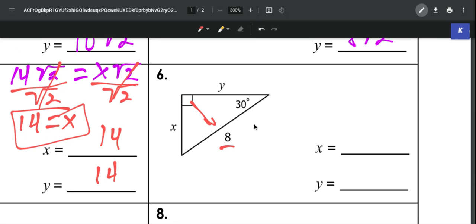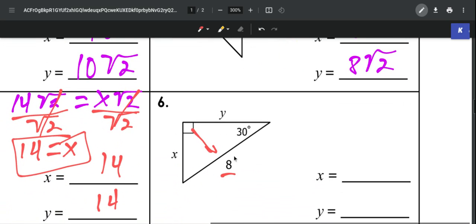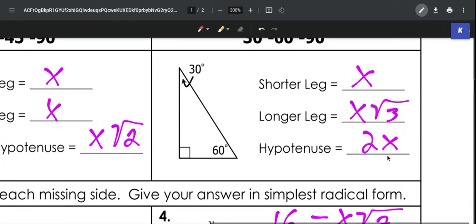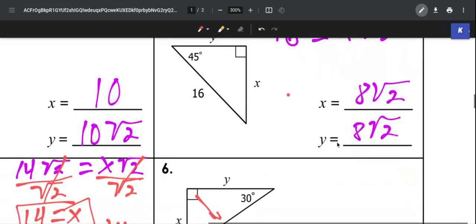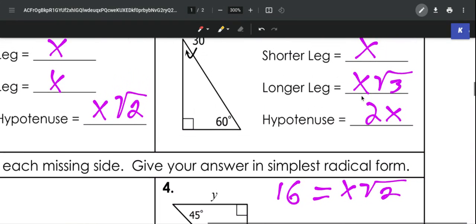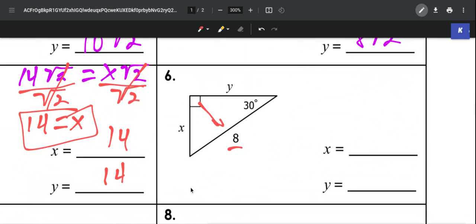Now, we can do the same process as we did with 4 and 5. If we want to know what x is from our hypotenuse, 8 should be equal to 2x, which is the hypotenuse for our 30, 60, 90 triangle. So we take our hypotenuse and set that equal to 2x.